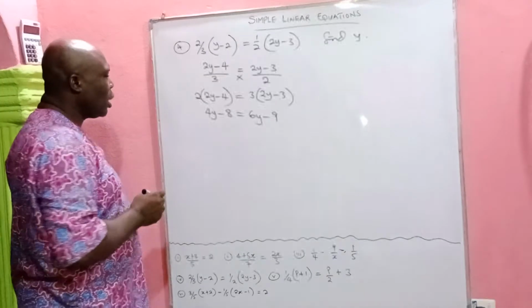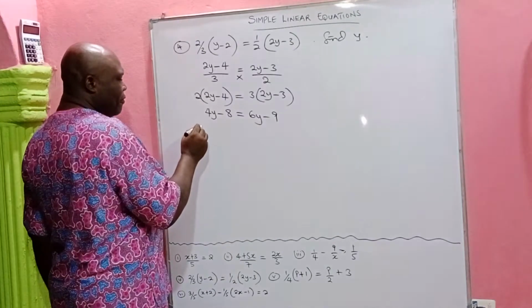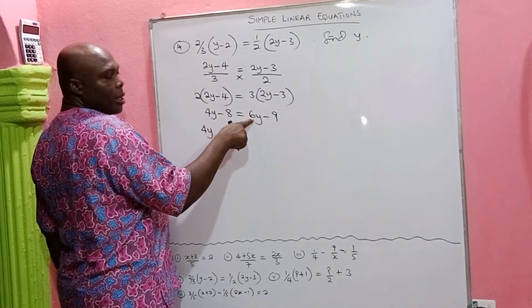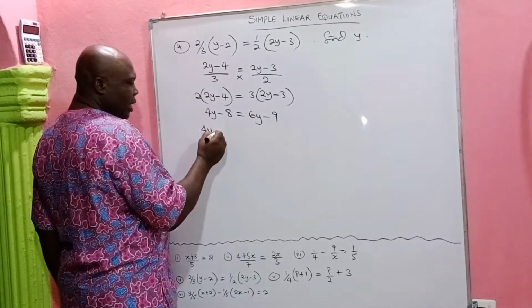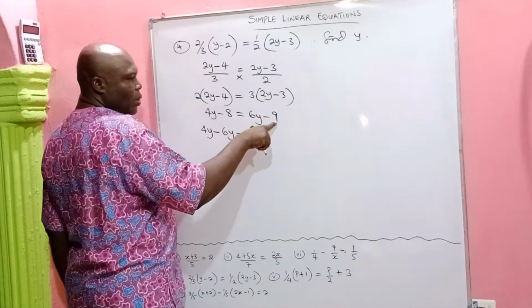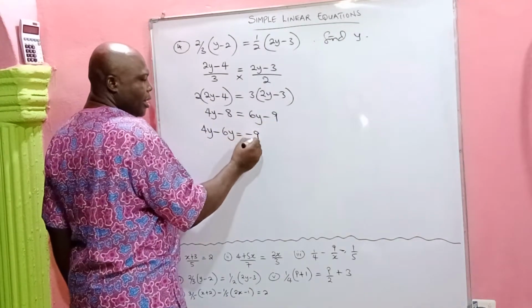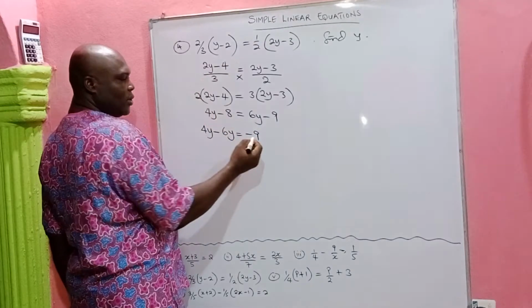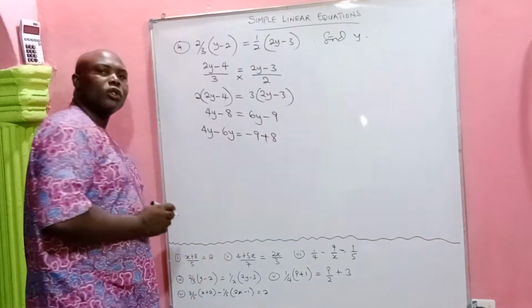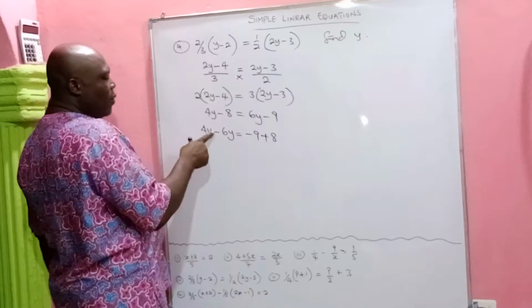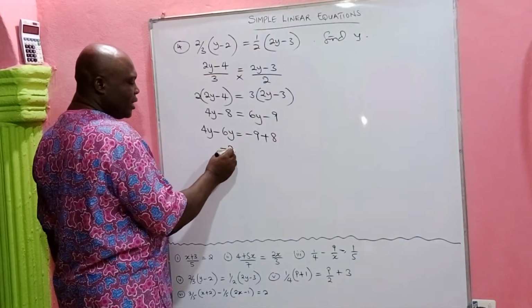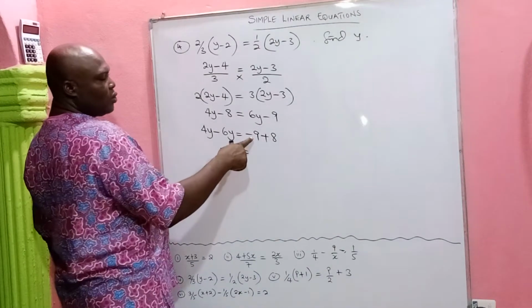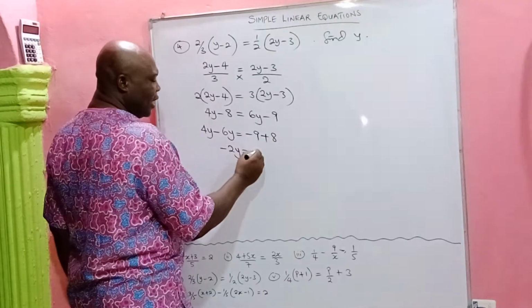So at this point, we'll collect like terms. All right, so we have 4y here. A positive 6y crosses to be a negative 6y is equals to minus 9 here, and a negative 8 crosses to be a positive 8. So we have collected like terms. 4y minus 6y will give us a negative 2y, which is equals to minus 9 plus 8, which gives us a negative 1.